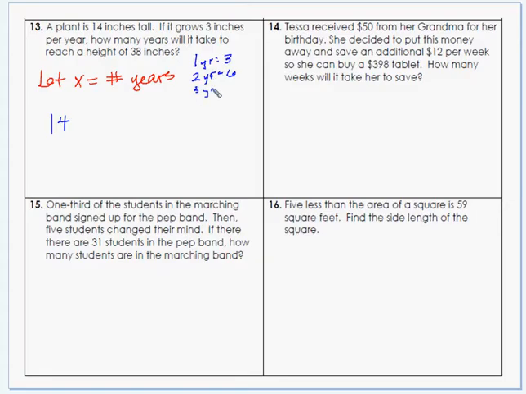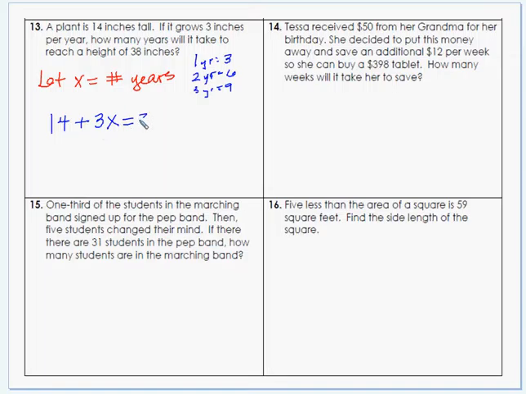In my third year, I've grown 9 inches. Each year that comes by, we're taking the amount of years and multiplying it by the 3 inches. So to take that into consideration with our x, we're going to say plus 3x. For every year that it's going to grow, it's going to grow 3 inches.